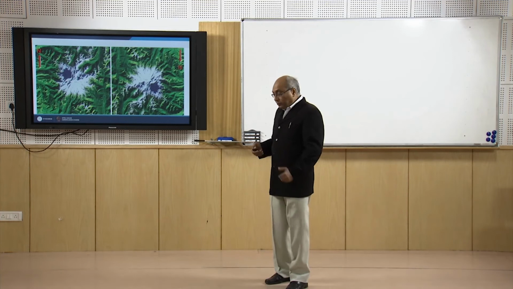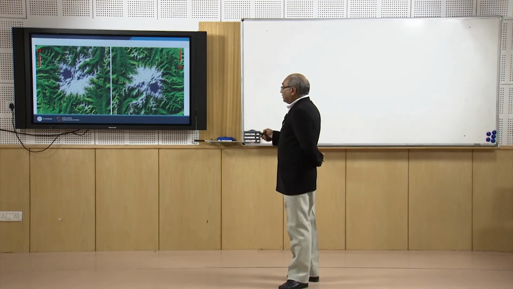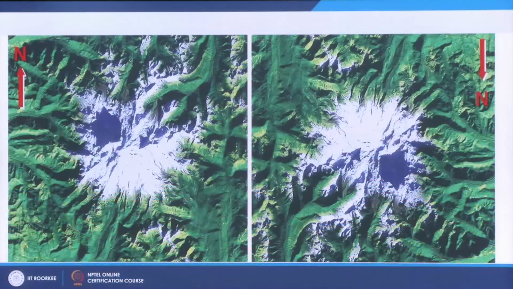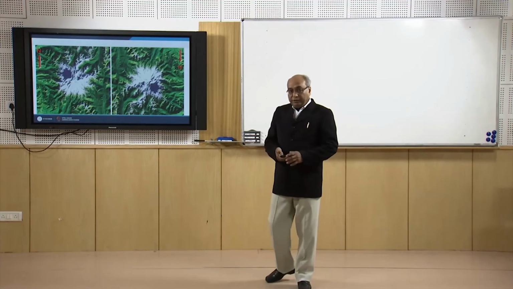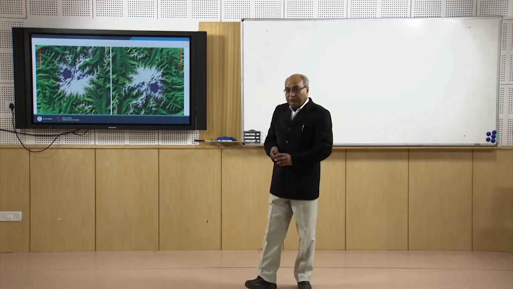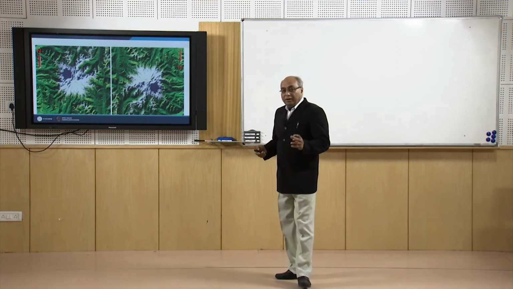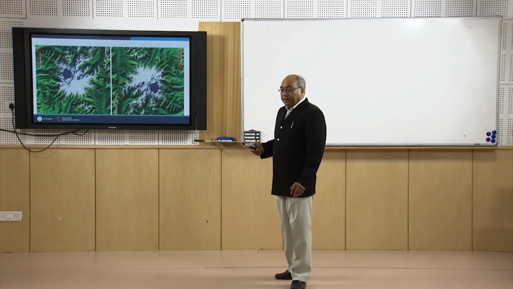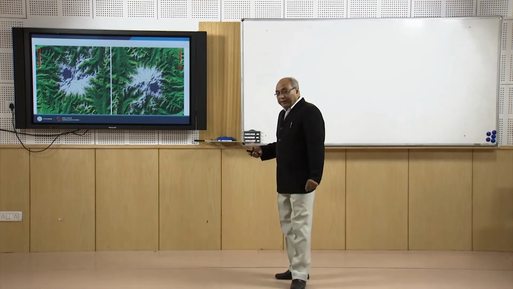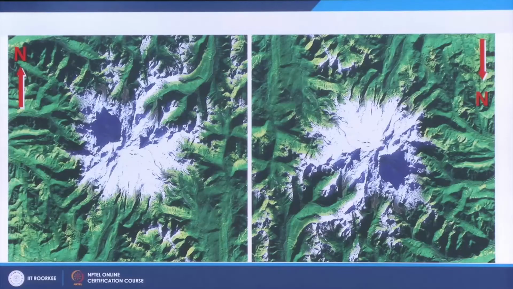That means you keep the illumination source in the northwest quadrant rather than in the southeast quadrant, as really happens in sun synchronous satellite images. So one has to be very careful while using shadows in interpretations, especially in hilly terrain where shadows are very common and also give you depth perception.